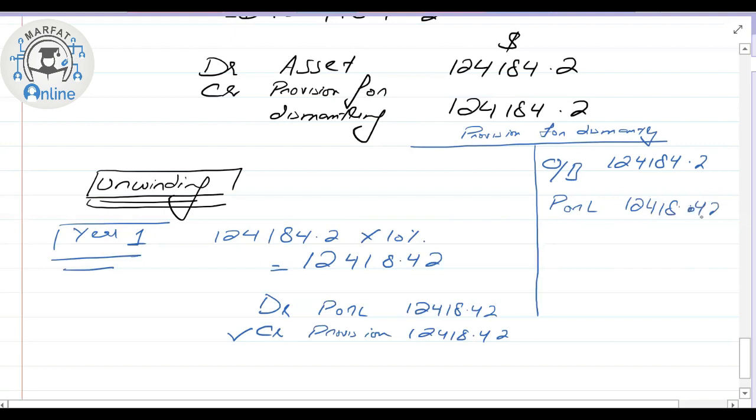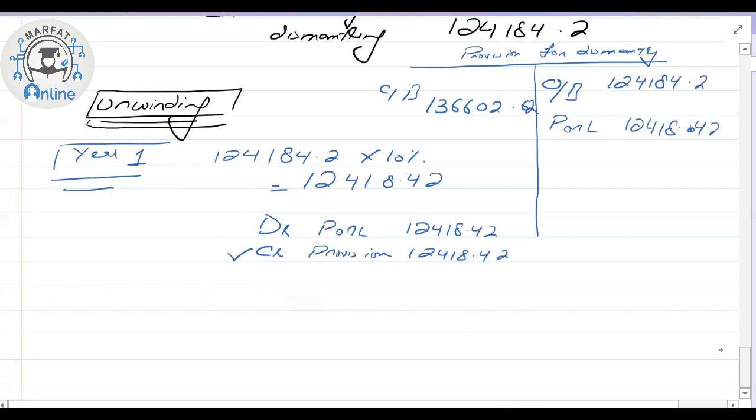So what is going to be the closing liability? The closing balance will be 136602.62. This is the closing balance of the liability after first year.